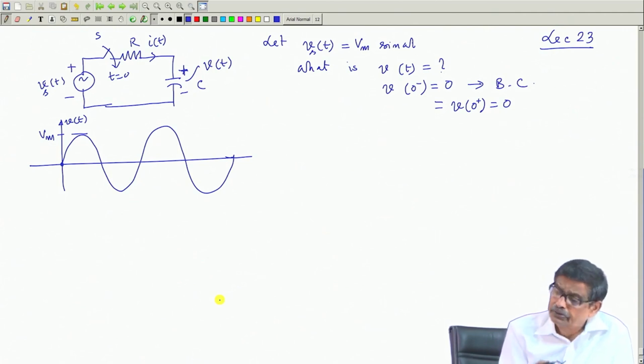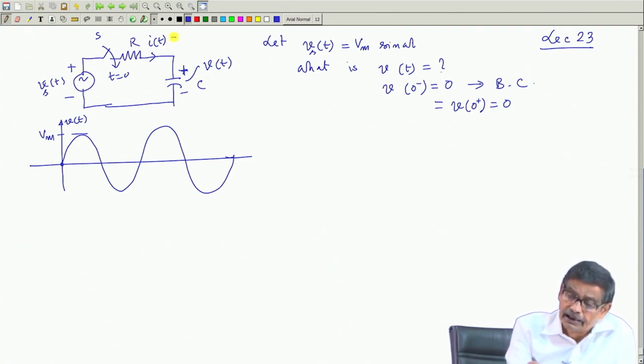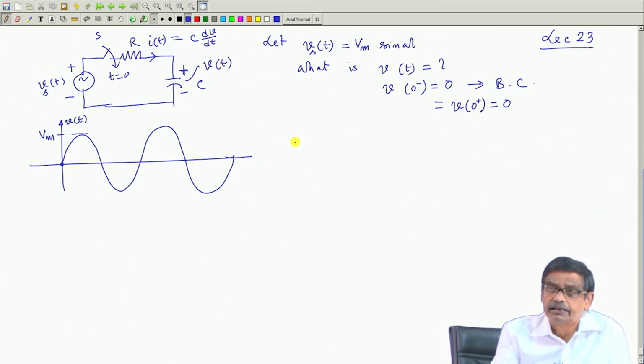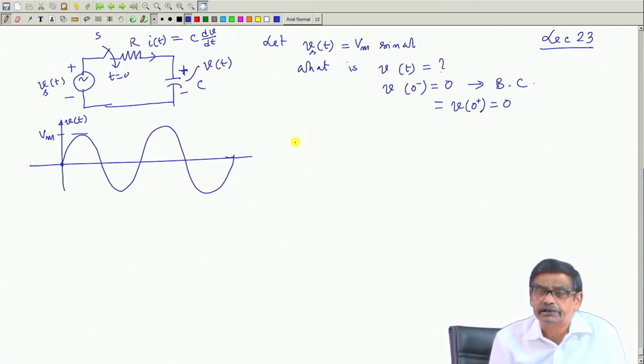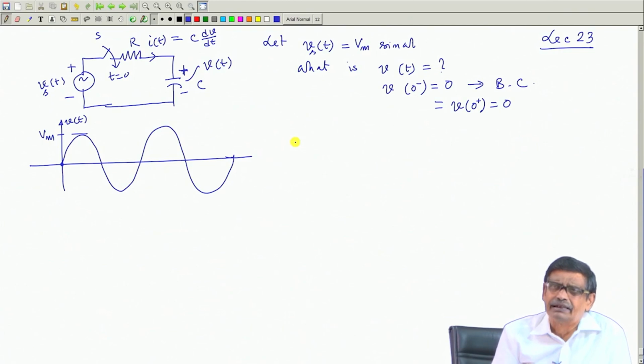Now, the steps are once again the same. I have to write down the KVL, but recall the way I have assumed I(t): it is nothing but C dV/dt. If I have to solve for V(t), I have to write a differential equation involving V(t). I generally solve for V(t) first, then I(t) can be found.